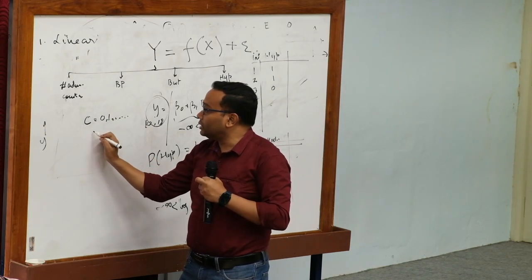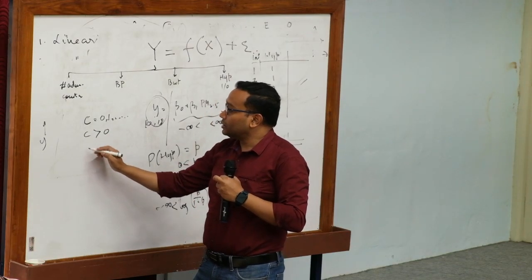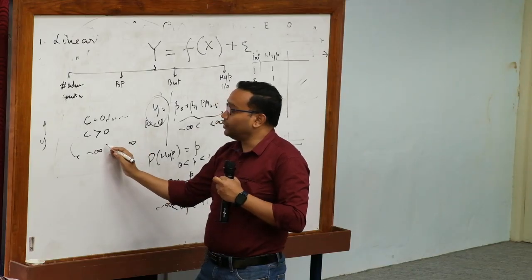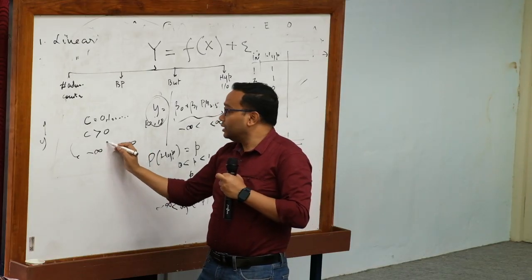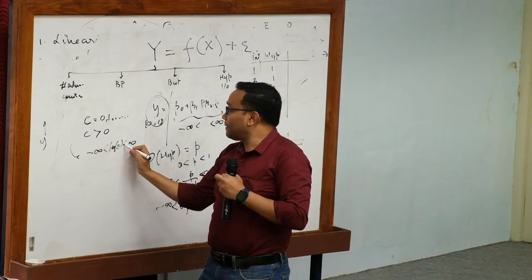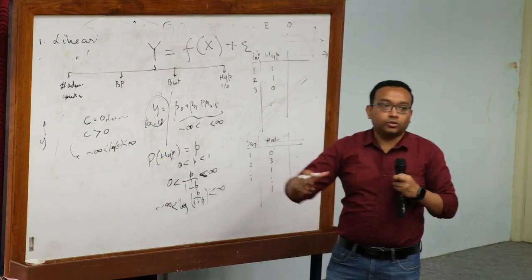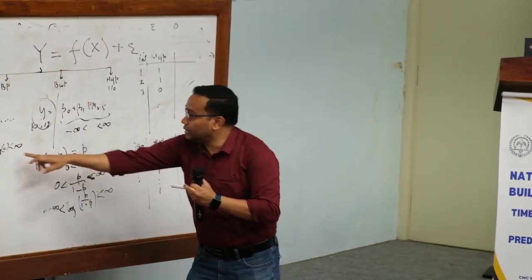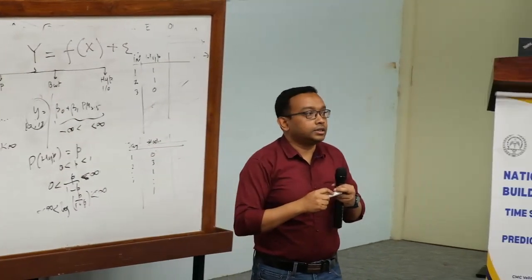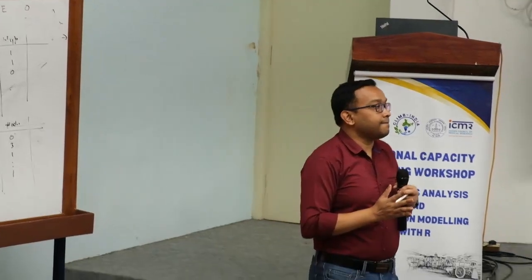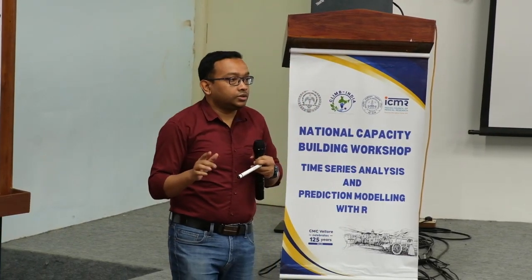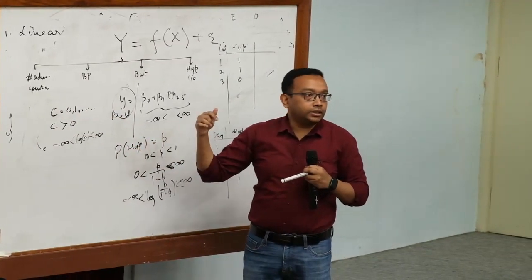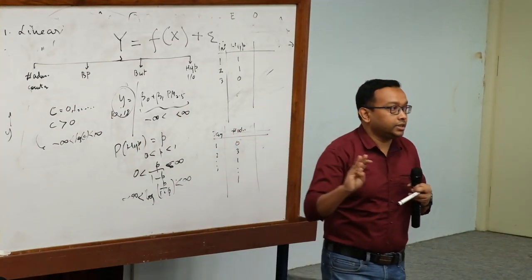The count is positive. If you take a log, it will become this. If I use log of the counts, then again this matches with this. That is a Poisson regression. You see how you are just breaking those assumptions one by one, and from the same linear regression you are getting logistic, you are getting Poisson.